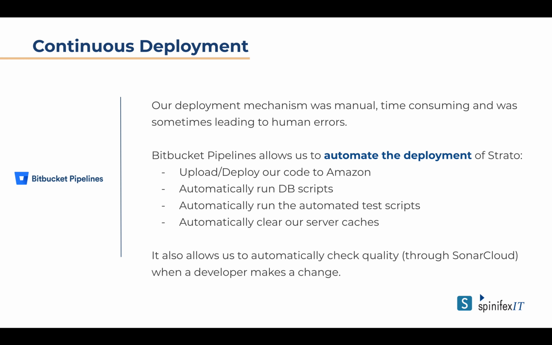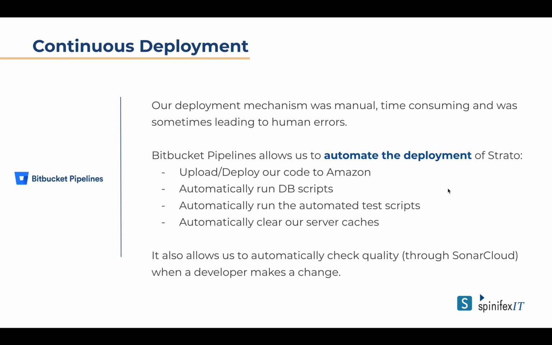A way for us to improve the quality of Strato is by trying to avoid most of the human errors, manual errors. So we actually are now using continuous deployment. What that allows us to do is, every time we want to deploy Strato on a server, whether it's a test server or dev server or production server, it's done automatically.